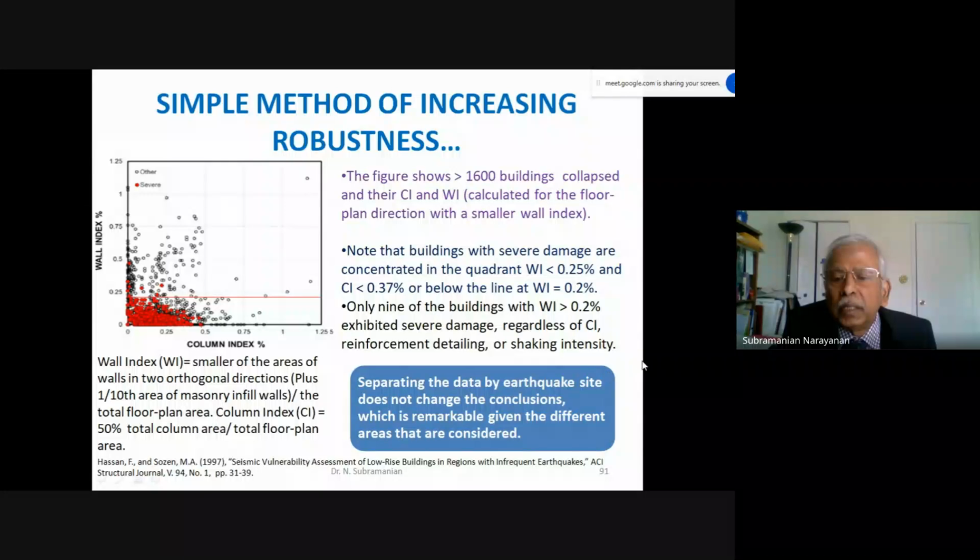Only nine buildings with the WI greater than 0.2 exhibited severe damage regardless of CA reinforcement detailing or shaking intensity. And separating data by the earthquake site does not change the conclusions, which is remarkable given the different areas that are considered, because the earthquakes were considered in different areas of the world.